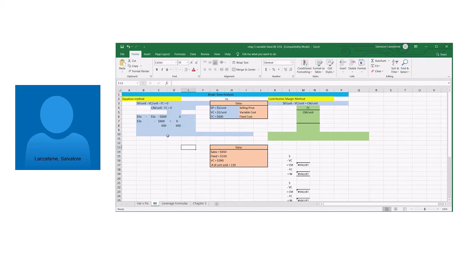So I'm adding 600 to both sides, and I end up with 3x on one side and 600 on the other side. So basically I'm showing you all the algebraic steps. I could have done this in 1 second in my head, but I just want to make sure you understand.